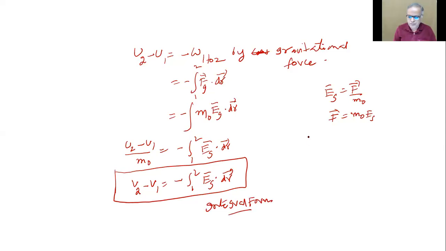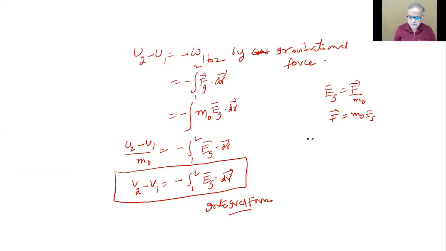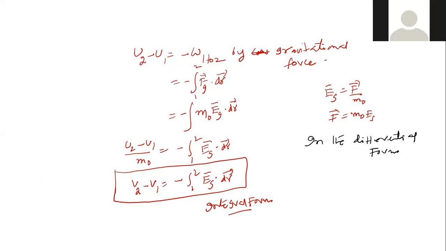In the differential form, if you want to define it, you can write it as what? That comes from the differential form of, look, you had F equals minus del U. Do you remember this?